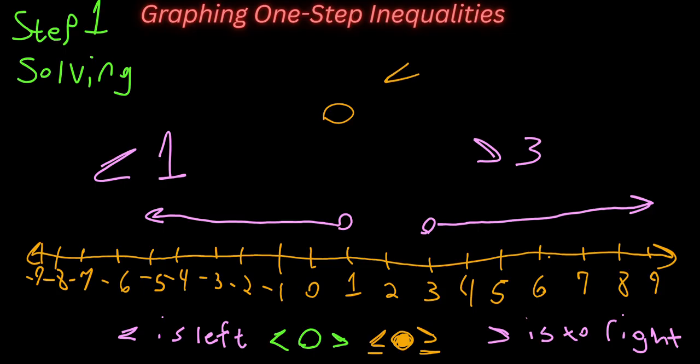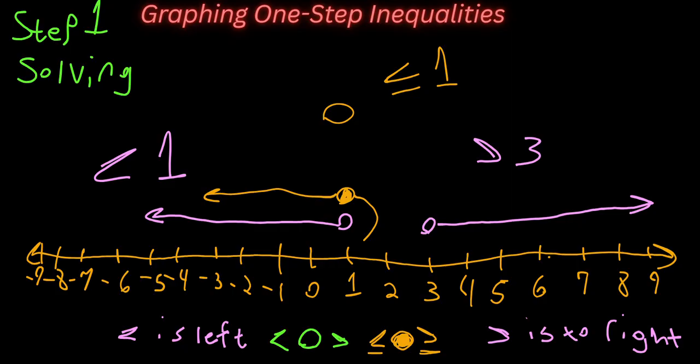Let's repeat, less than or equal to 1. You're not going to just have 1 and everything left. You're going to have 1 included. Since we're including it, this 1 is coming up to here, so it's going to get filled in.